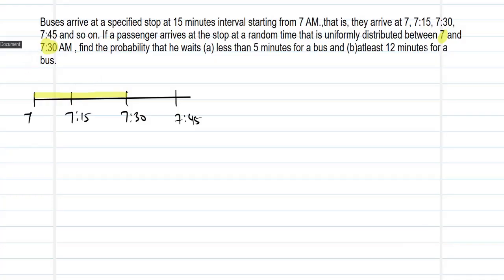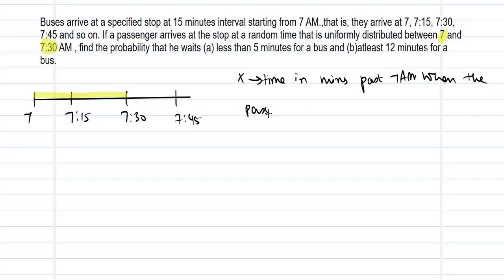In which case we say that if x denotes the time in minutes past 7 a.m. when the passenger arrives at the bus stop, then he can arrive at any point of time, so x is uniformly distributed between 7 and 7:30.